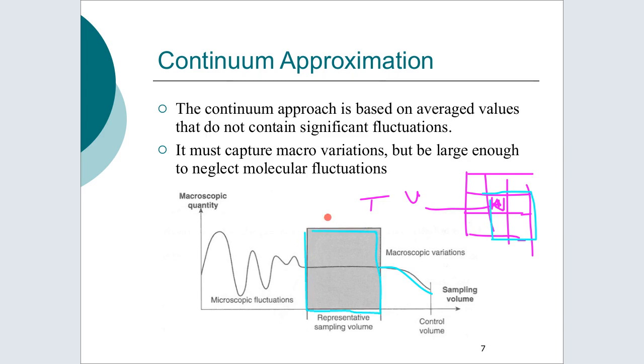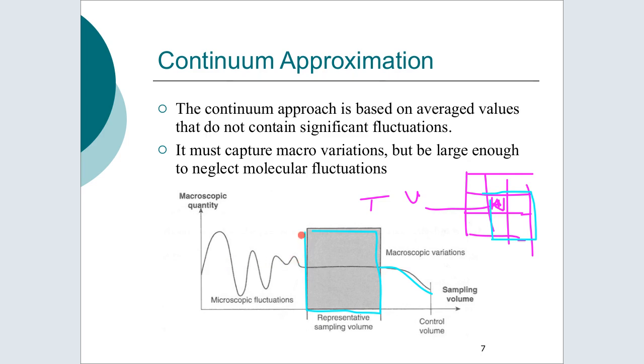But obviously, if you reduce it and reduce it and make it smaller and smaller, you end up coming down to where the molecules which are entering and leaving the volume, and remember these are traveling quite fast, create an imbalance, and whether a molecule is in a region or not will greatly affect the quantity which you're ascribing to that region. So you start to see large fluctuations due to the presence or absence of molecules, or a high energy particle or molecule coming in and being present for the duration of the sample.